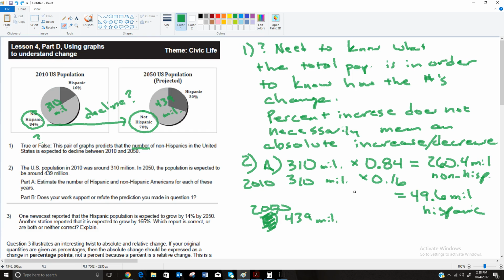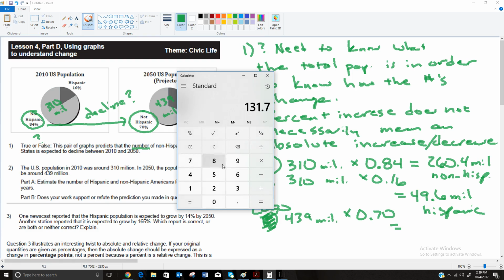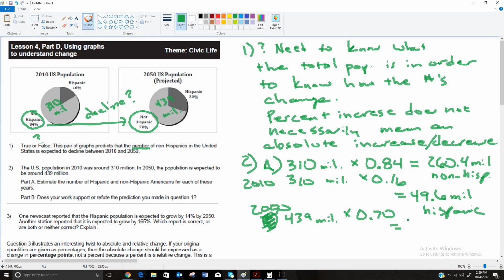Let me start with the 70%. So 0.70 would give us 439 times 0.7, and that gets us 307.3 million that are non-Hispanic.